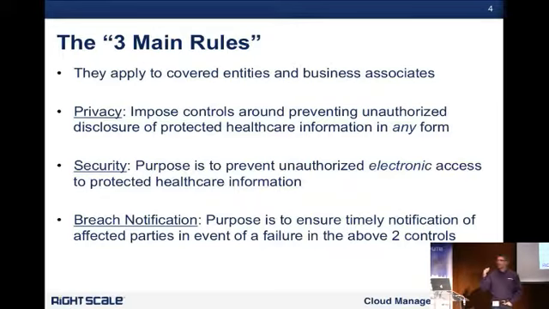Privacy was about preventing unauthorized disclosure. We don't want people to know about other people's healthcare information for a number of reasons, so the privacy rule is all about that. One of the biggest things that changed or was solidified in the Omnibus Rule is about marketing, the use of information for marketing, and who can contact whom.